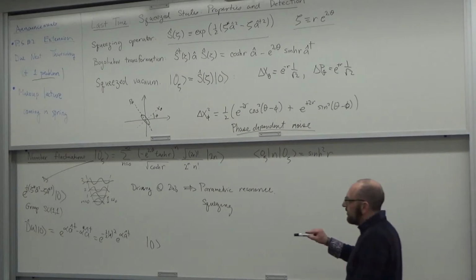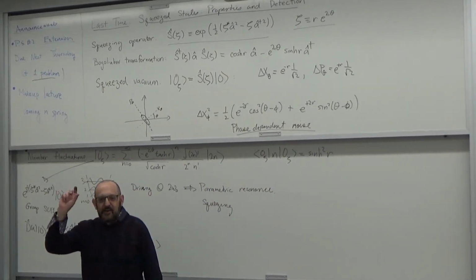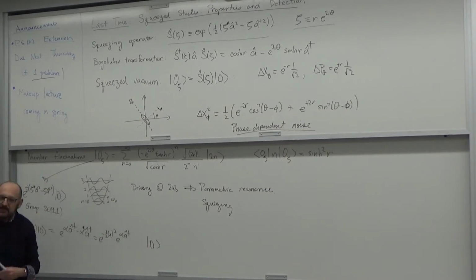Thought about from the point of view of the wave functions, they're the wave functions that are symmetric under parity reflection along that. That's clear from the fact that this involves creation and annihilations of pairs of photons, which means raising by 2 or lowering by 2 on the Fock ladder. So that's how that comes about.